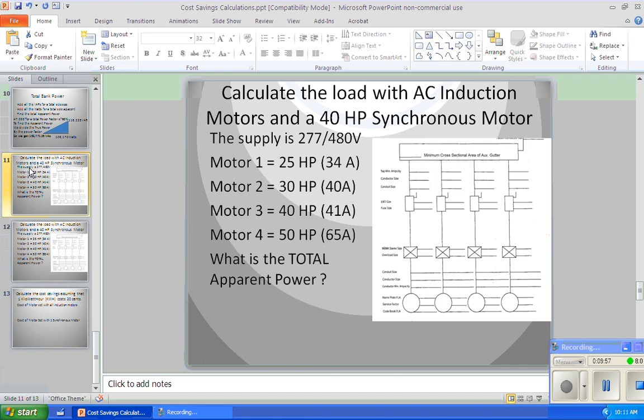So now the exact same calculations are going to happen, except we're going to change one for motor 3, and we're going to take away all the VARs that it supplies at that power factor. So we have to find its power factor and how many VARs it's producing, and we're going to subtract that from our total VARs, and we're going to come up with a new apparent power. Okay, can we do that now? Let's give that a try.